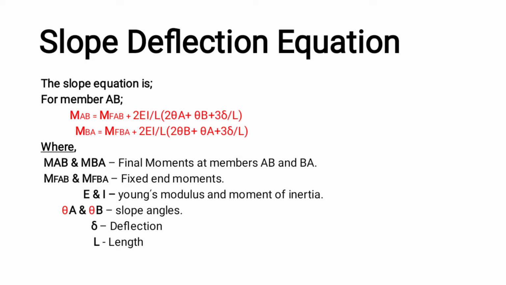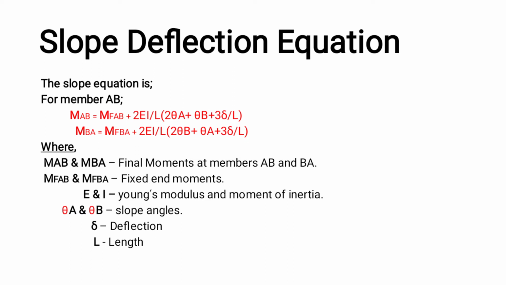Slope deflection equation. The slope equation for member AB: MAB is equal to M°AB plus 2EI divided by L into (2θA plus θB plus 3Δ divided by L). And MBA is equal to M°BA plus 2EI by L into (2θB plus θA plus 3Δ divided by L), where MAB and MBA are the final moments at the members AB and BA.